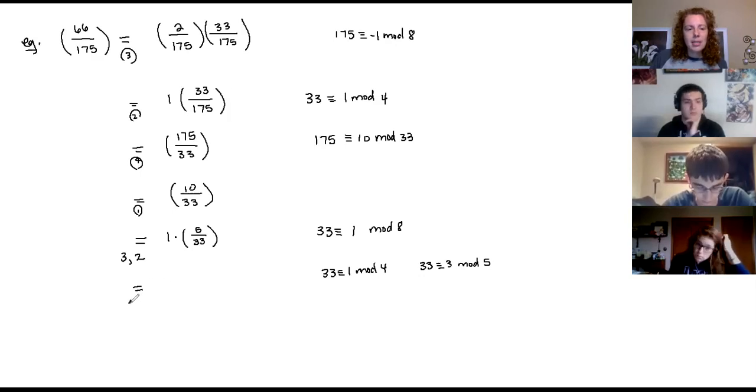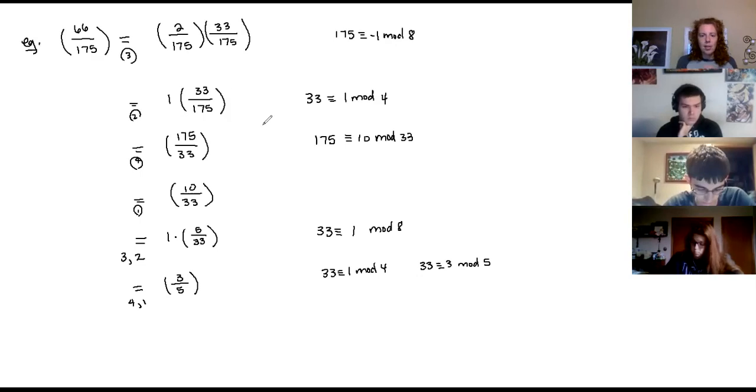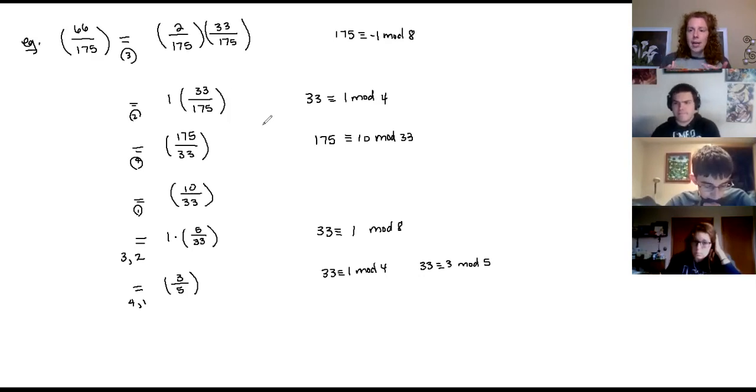So I'm going to combine step number 4 and step number 1 to get the Jacobi symbol of 3 over 5. Because 33 is congruent to 1 mod 4, I can flip without doing a negative, and then I can reduce the top mod the bottom.